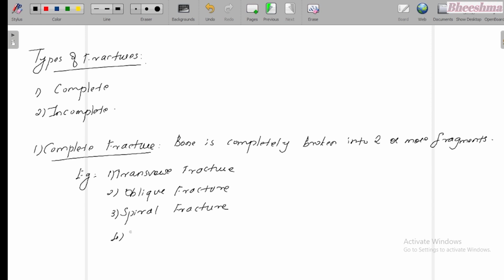Fourth is impacted fracture. Fifth is comminuted fracture. And the sixth one is segmental fracture.